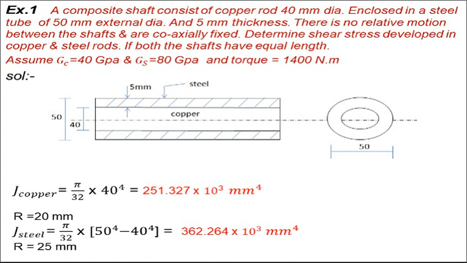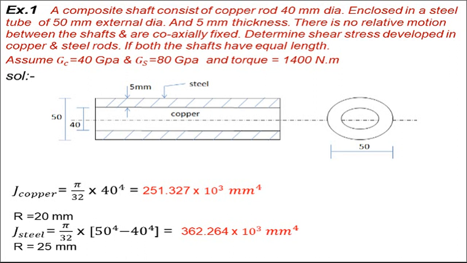So in this problem, our aim is to find the shear stress developed in both copper and steel rods. GC, the modulus of rigidity for copper, is given as 40 GPa, and the shear modulus GS for the steel tube is 80 GPa, and the torque applied is 1400 Newton meter.